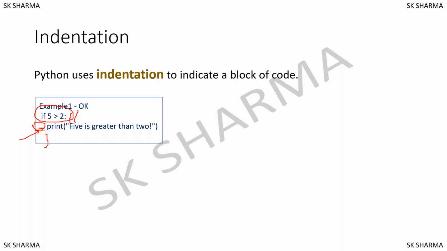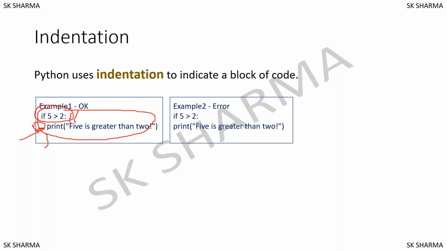Indentation means white space simply. It must be according to the indentation, otherwise your program won't run. If you write this program, that will work because there is an indentation after if, you have added this blank space, right? Now let's see next.